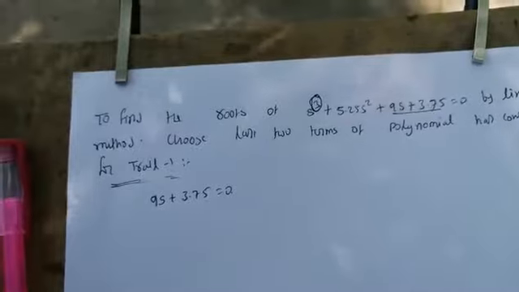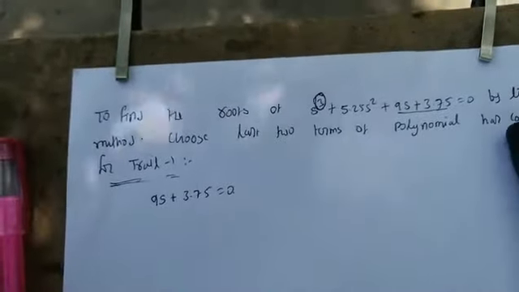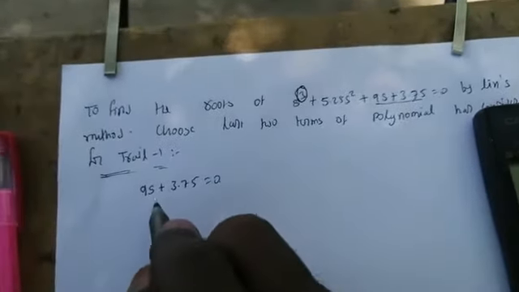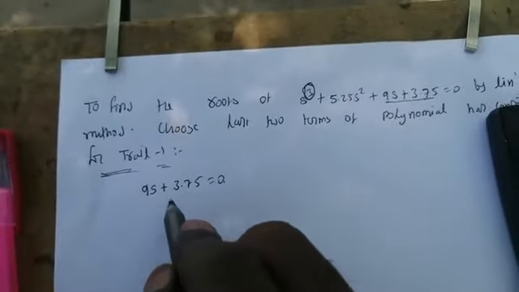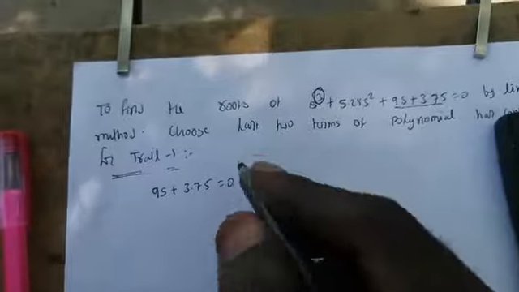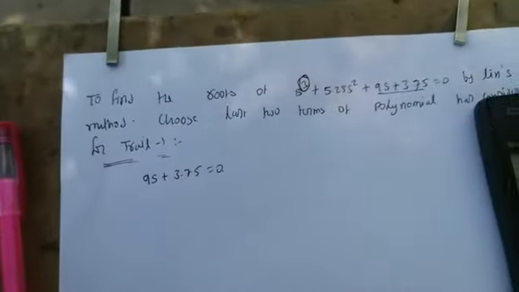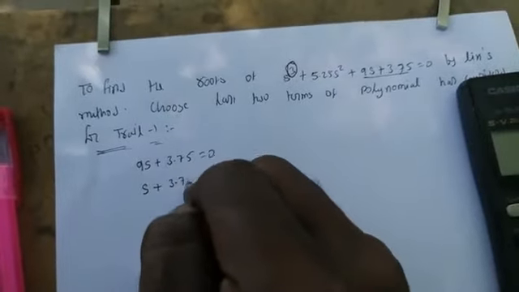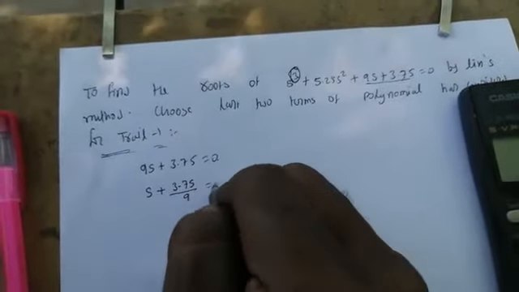Now we have to make this equation in terms of s plus something. For that I am going to divide this equation with respect to 9. If you divide with 9, what you will get? S plus 3.75 divided by 9 equals to 0.